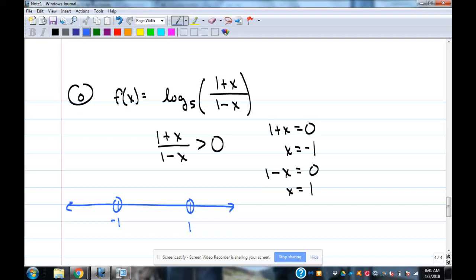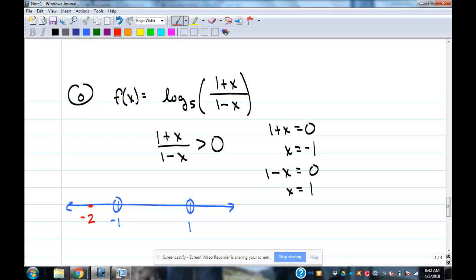Okay? So let's pick a test value that's less than negative 1. Negative 2 would be a great one. You could pick negative 1.5 if you wanted to. I don't know why you would, but you could. Just any number that's less than negative 1. So if I plug negative 2 into this inequality, 1 plus negative 2 would be negative 1, right? 1 minus negative 2 is positive 3.